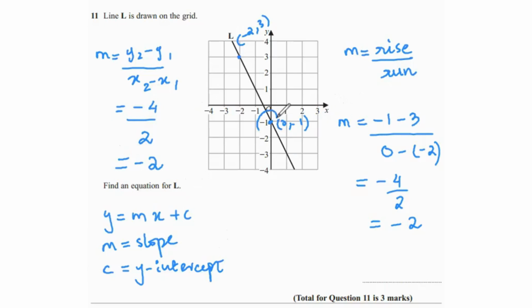So over here, as you can see, -1 is the point where the line passes through the y-axis, and at this point, x is 0. So we just substitute m with -2 and c with -1. So this is your equation, y equals -2x minus 1. This is how you find the equation of a line using a graph.